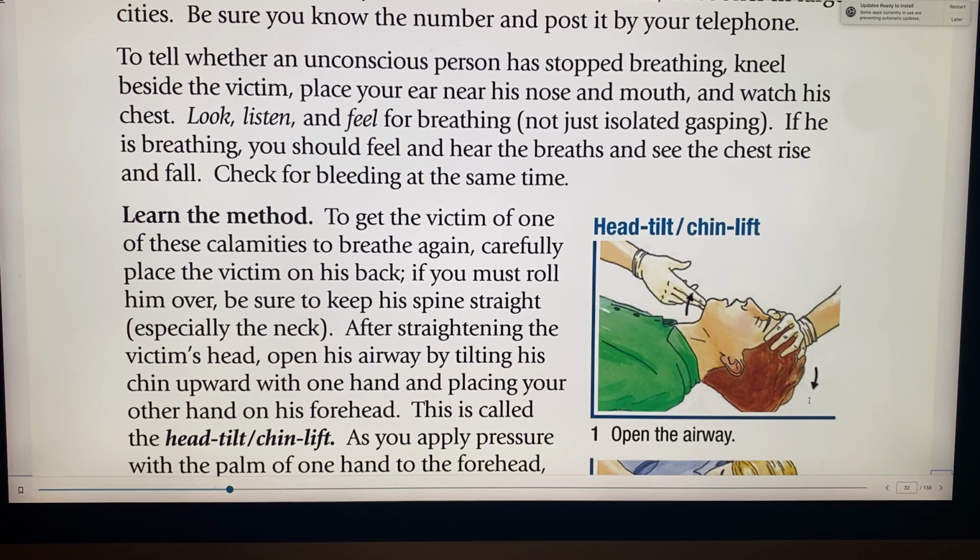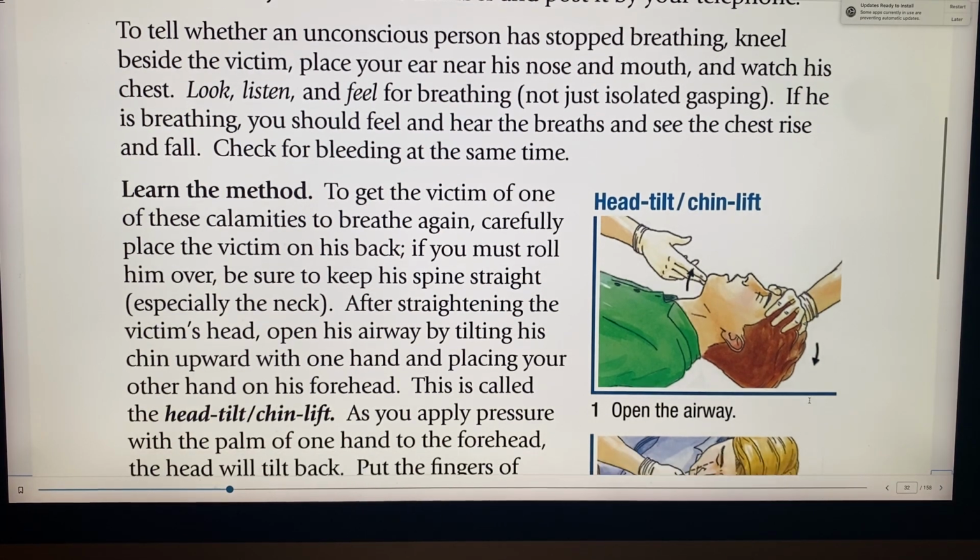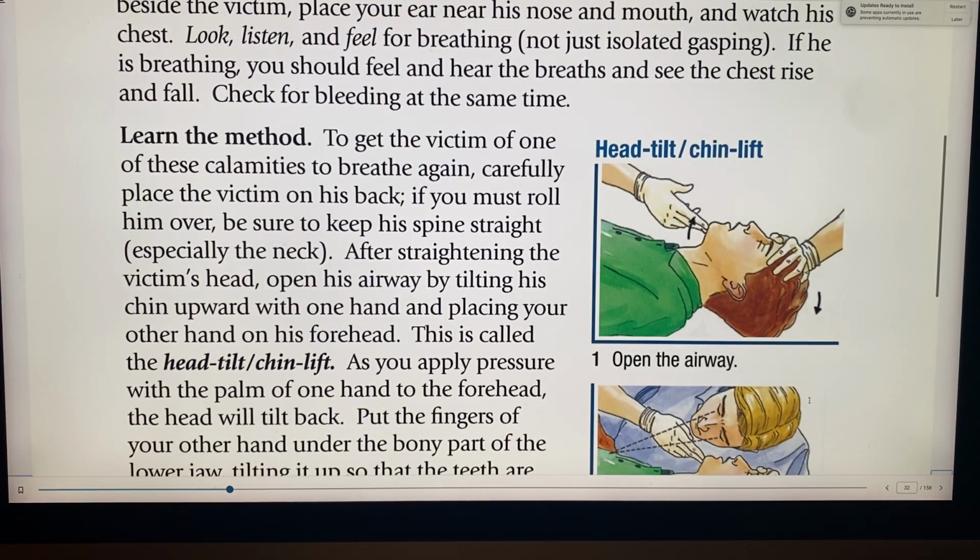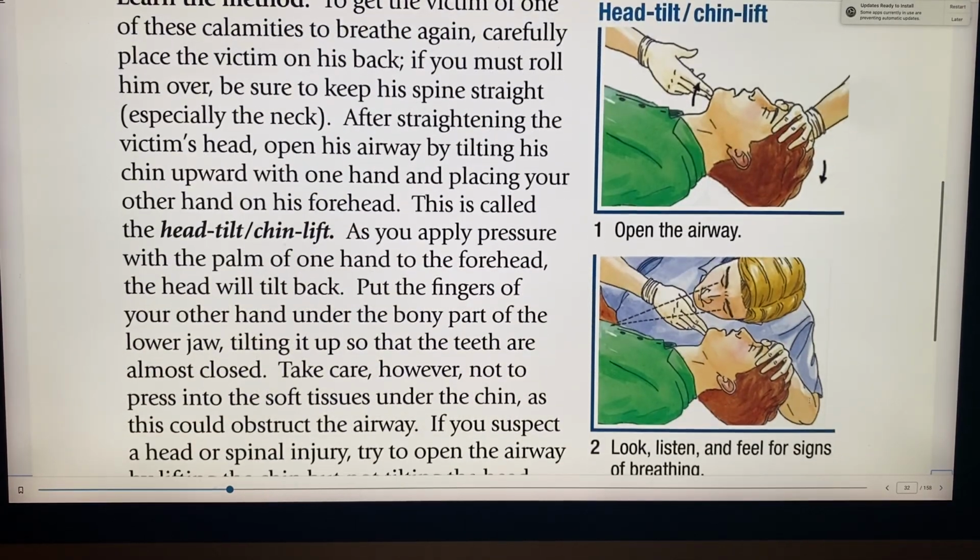Depending on whether you think they might have a neck injury, you have to be especially careful of moving them. For the airway, you're going to use this method, head tilt and chin lift, to open the airway.